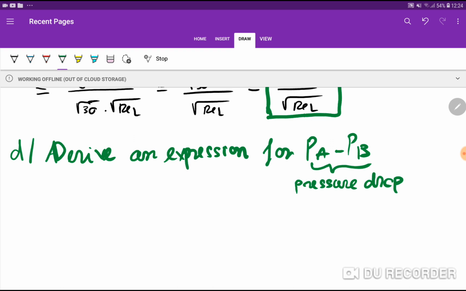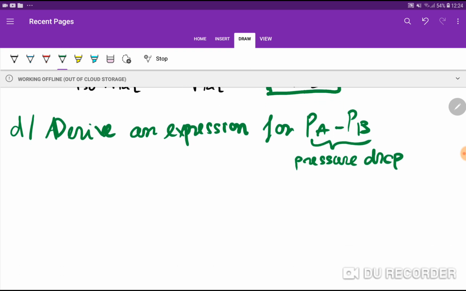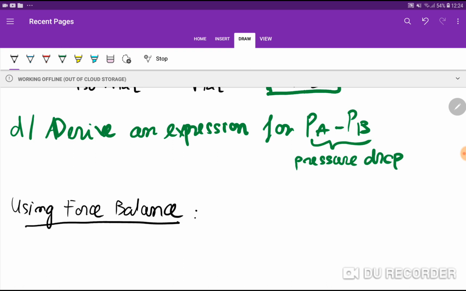Okay, so in order to derive an expression for the pressure drop, you need to draw a picture, using force balance. So we have a tube, right?